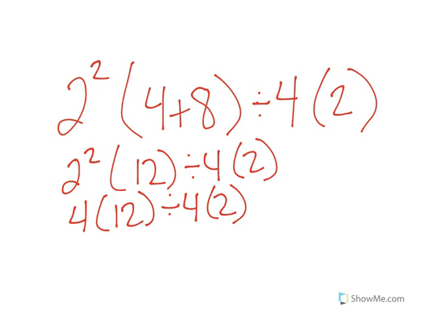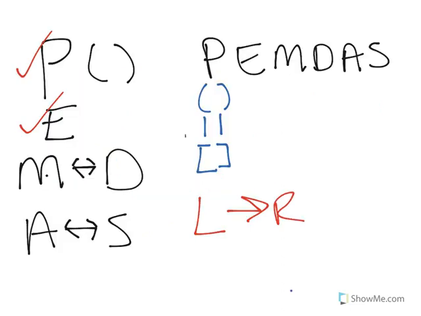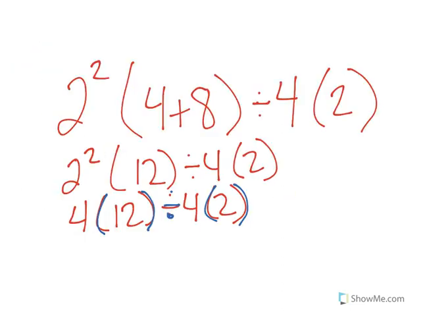Now, the only operations I have left are multiplication, division, and multiplication. So what do I do first? I go from left to right. So I'm going to do this first. 4 times 12 is 48. Rewrite everything. Divided by 4 times 2. 48 divided by 4 is 12. I'm going to write this to the right.